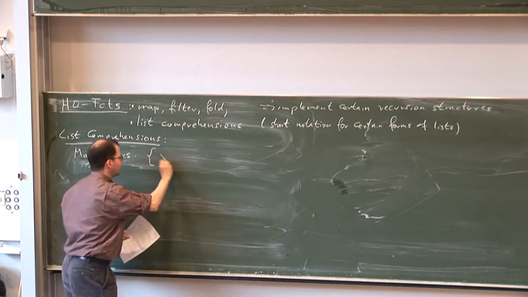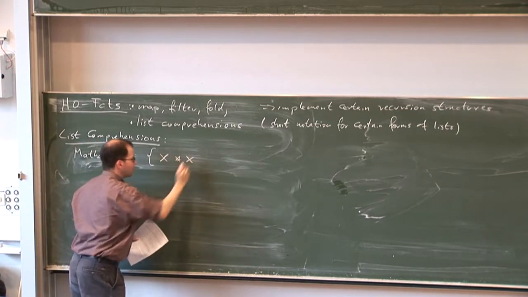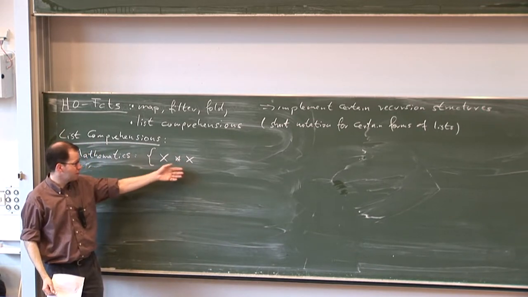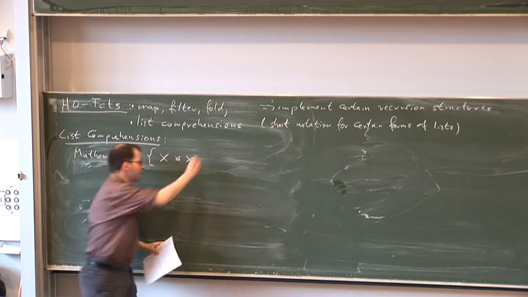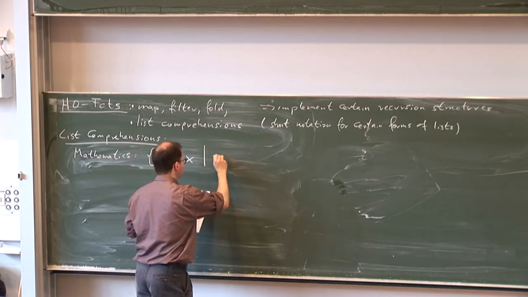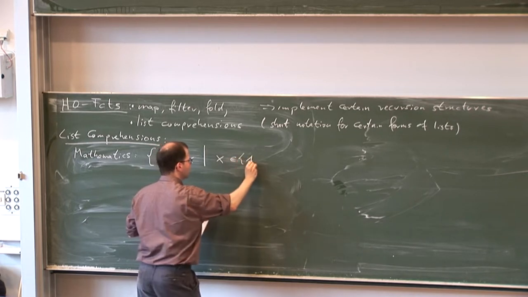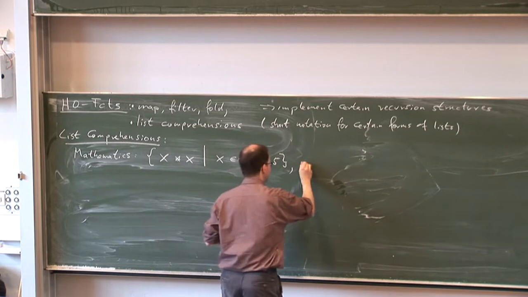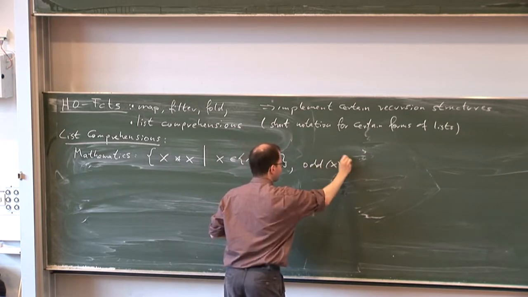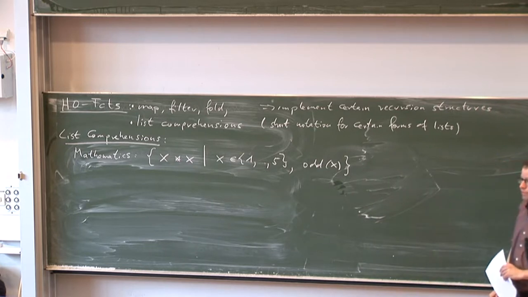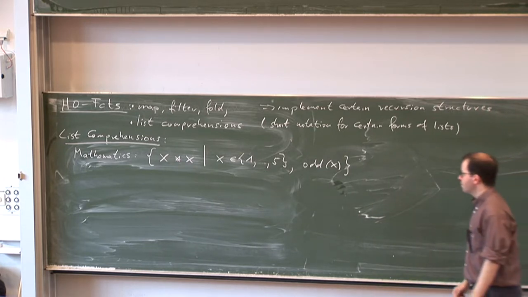You would, for example, say, I want to regard the set of all values of the form x times x, so all squares, where, and now you make this vertical bar, where x is a member of the set 1 to 5, and moreover, x is an odd number. Now this notation hopefully looks very familiar to you. You're used to this from mathematics.